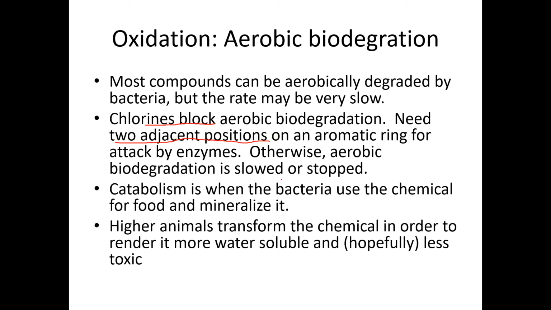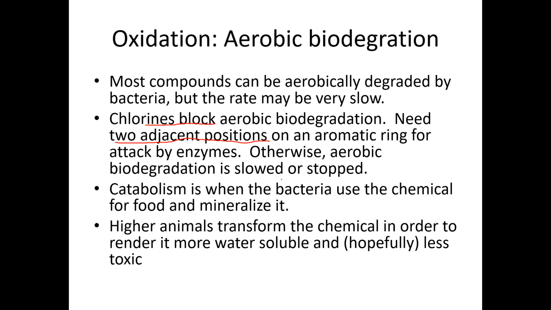So most enzymes for bacteria that attack aromatic rings attack at two adjacent positions on the ring. This is true for the kinds of enzymes that metabolize and eat the organic phenyl, aromatic rings, but it's also true for the cytochrome P450 system, which is the system in mammals and even in lower organisms like worms and fishes, that is supposed to detoxify a lot of these weird xenobiotic compounds that get into the organism.